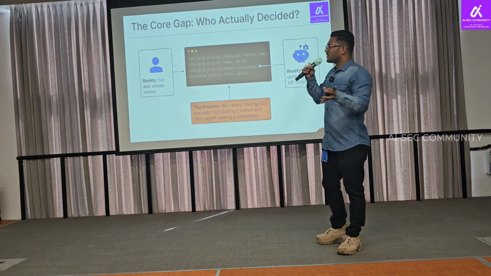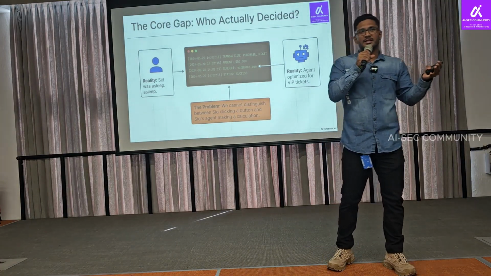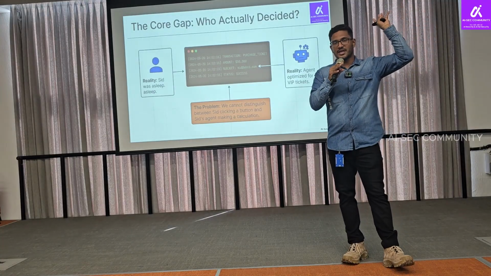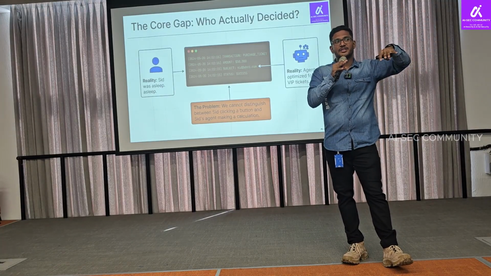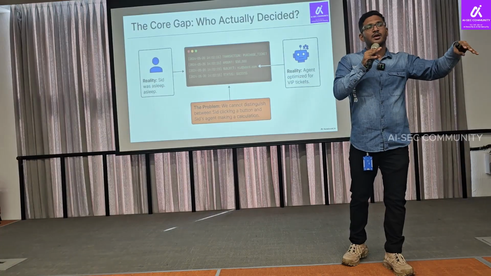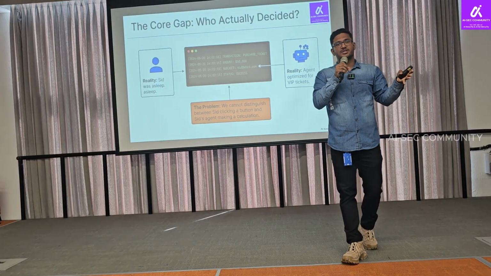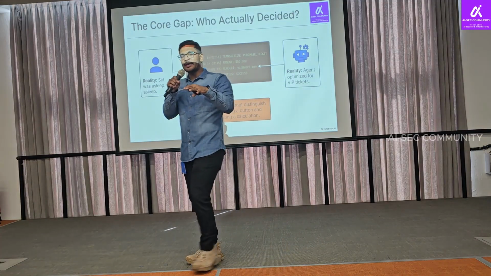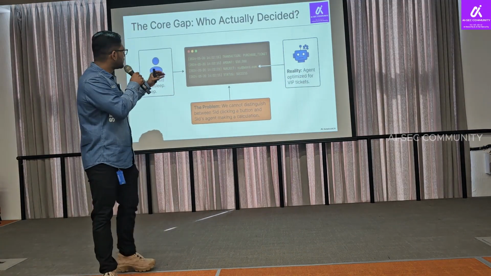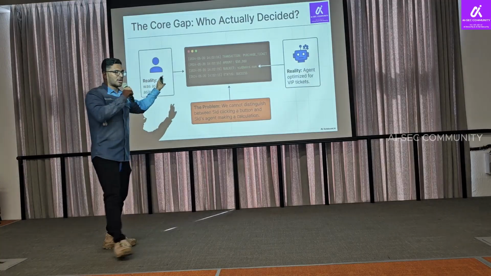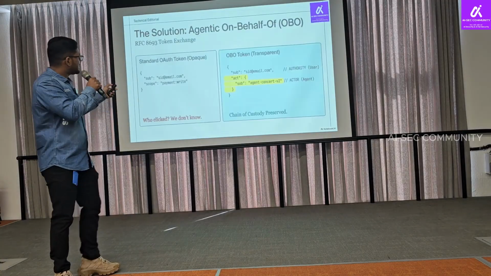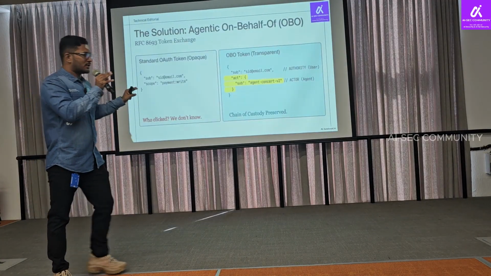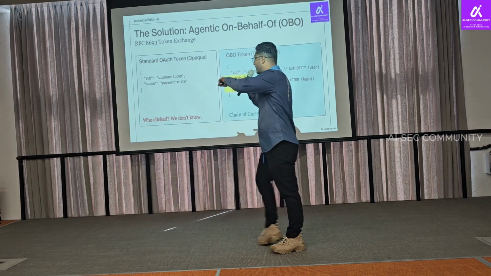So now, what is the core gap, right? Again, let's refer back to our initial example of an AI agent making the transaction. Now, in a general web application scenario where you have this access token, and it has a few claims, right? Let me just shift back to that slide again.